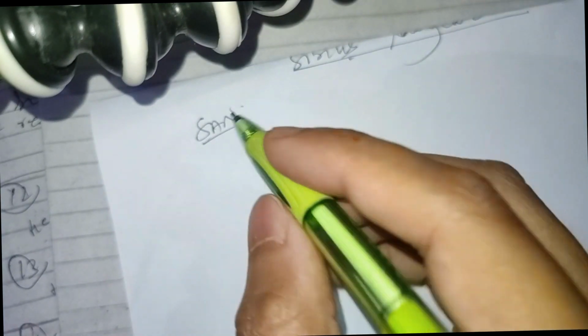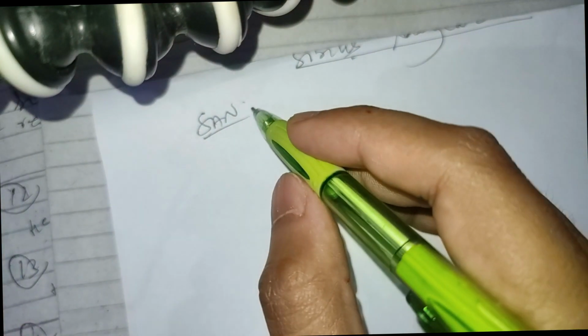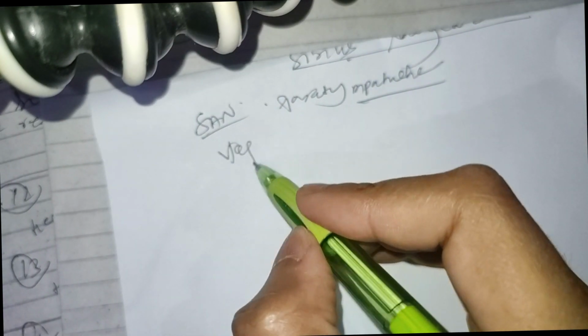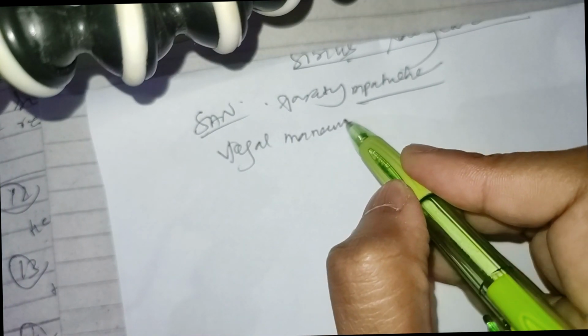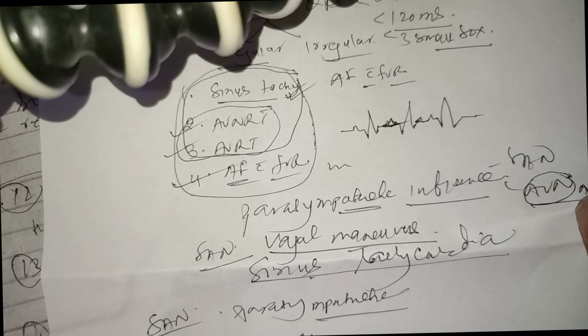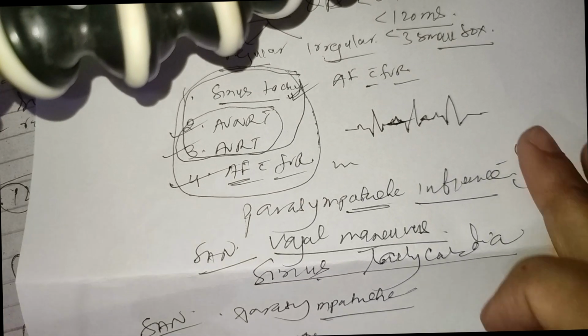That is causing excessive sinus node activation, and that influence is greater than the parasympathetic influence that you stimulate. That's why you won't see termination of sinus tachycardia with vagal maneuvers. But AVNRT and AVRT can get terminated with vagal maneuvers, right? So that is one point that helps you to differentiate sinus tachycardia.